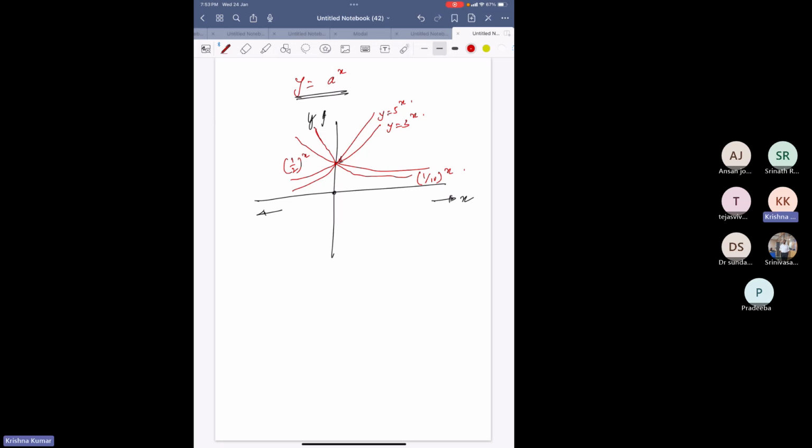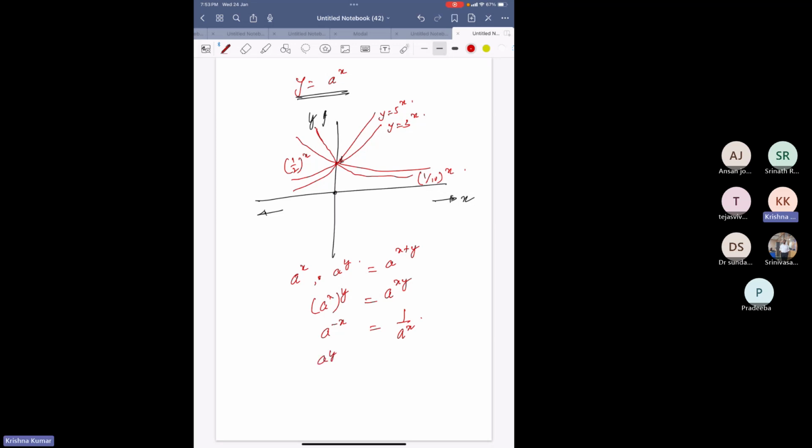So I have one function a power x, another function a power y. Then a power x multiplied by a power y becomes a power x plus y. A power x, when I raise it to y, becomes a power xy. A power minus x is nothing but 1 by a power x.